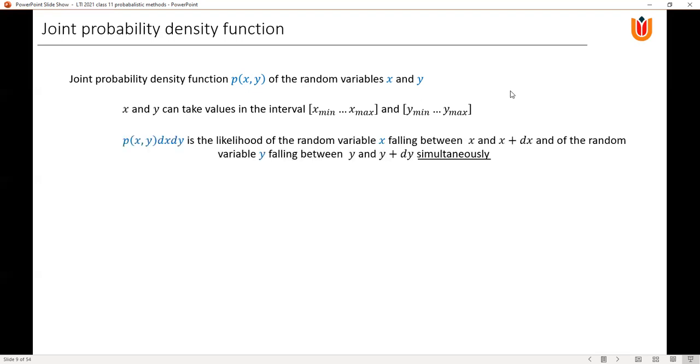Then the joint probability is the chance of finding the random variable x in an interval between x and x plus dx, and the random variable y falling between y and y plus dy simultaneously. So this would be the chance, the likelihood, the probability of finding them together.